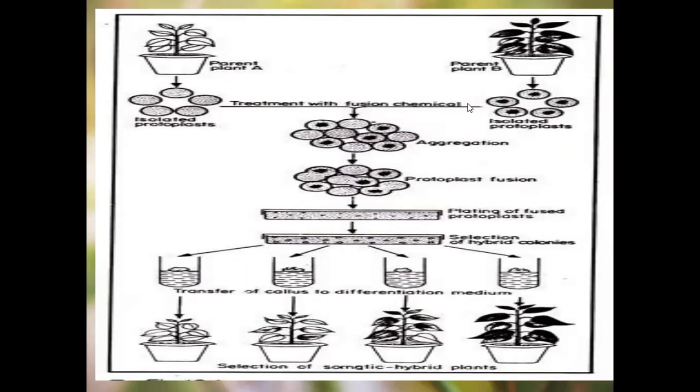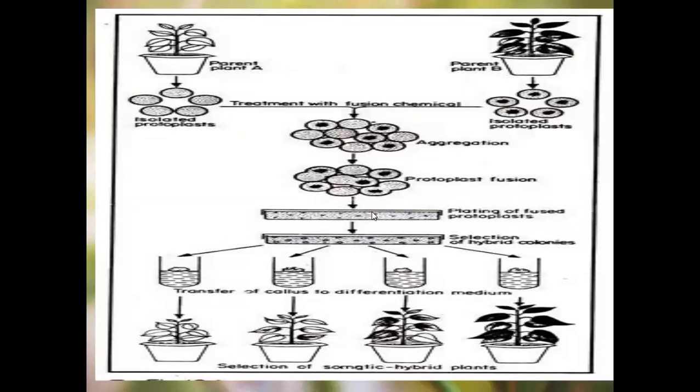These two different species of protoplasts are treated with fusion chemicals like PEG, polyethylene glycol, which mainly help in the fusion of protoplasts. See, fusion of protoplasts to form one new hybrid cell. That hybrid cell is transferred into the nutrient medium.